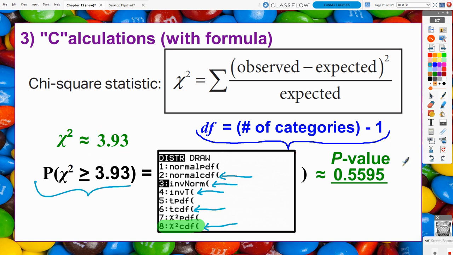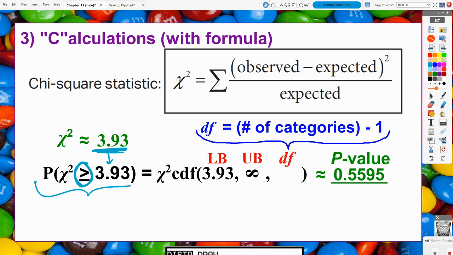But remember, one of the characteristics of a chi-square distribution I mentioned earlier is that this value is always going to be positive, which means the sign we are always going to use here is greater than or equal to whatever that chi-square value was that we calculated.